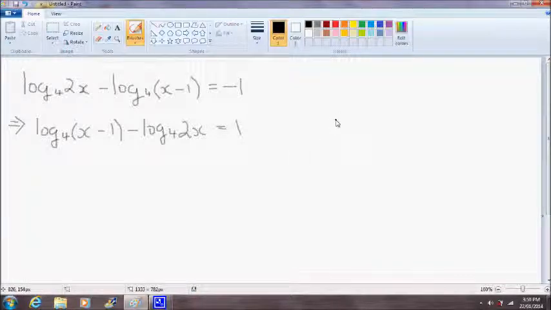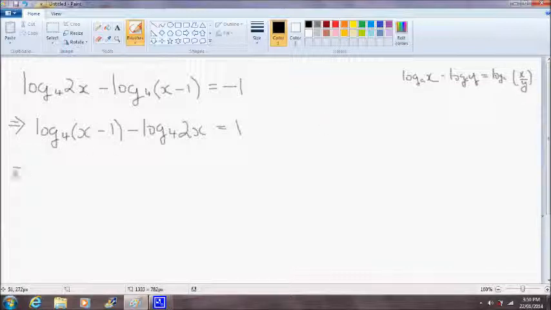And now you'll know from our log rules that whenever I have log to the base a of, say, x minus log to the base a of y, we can rewrite that as log to the base a of x divided by y, x on y.